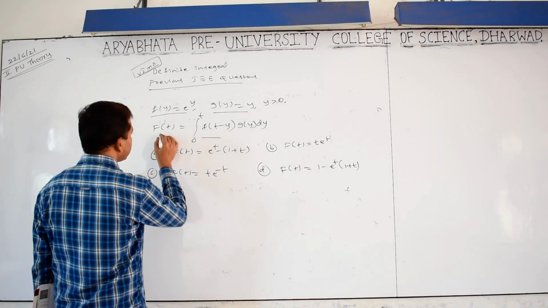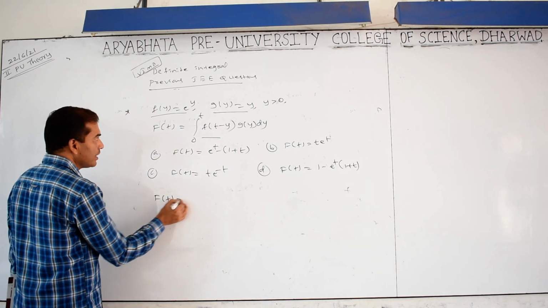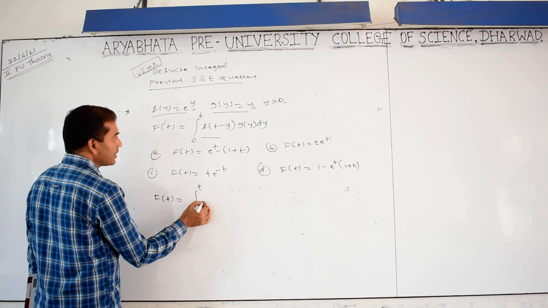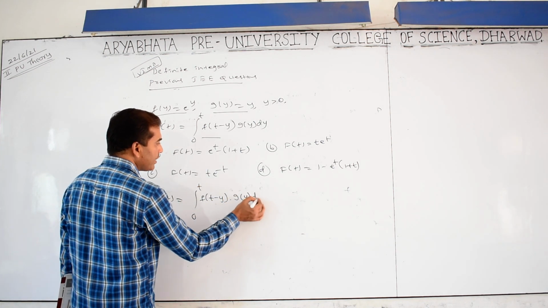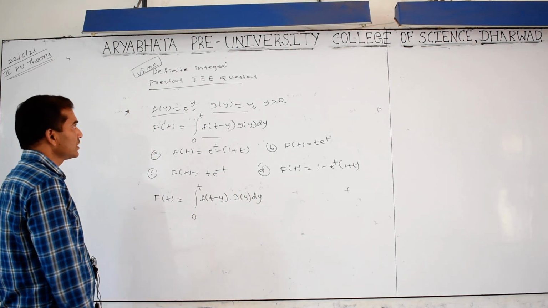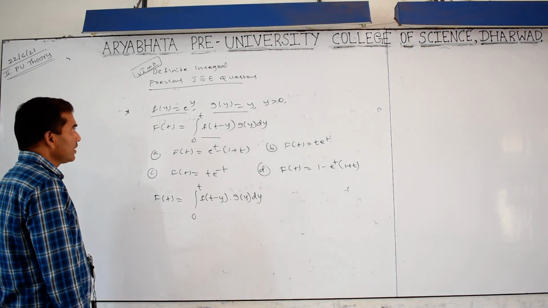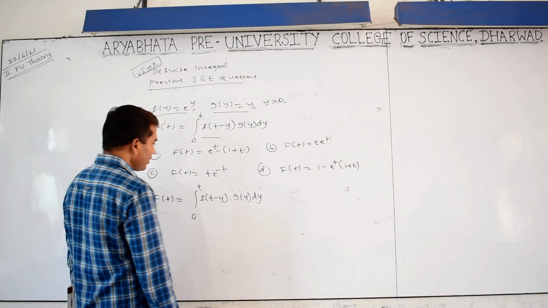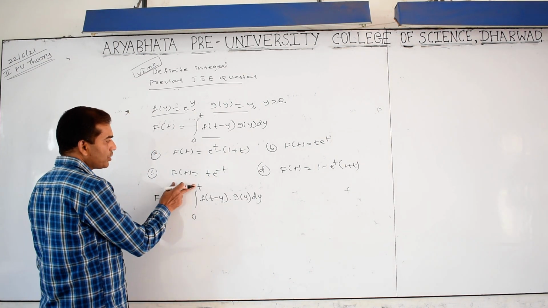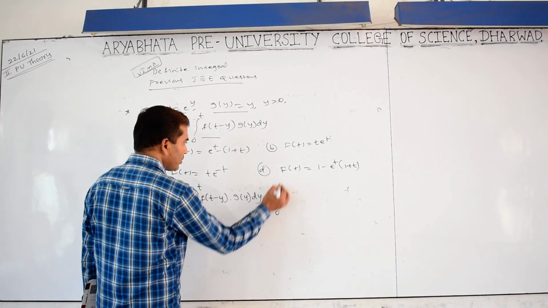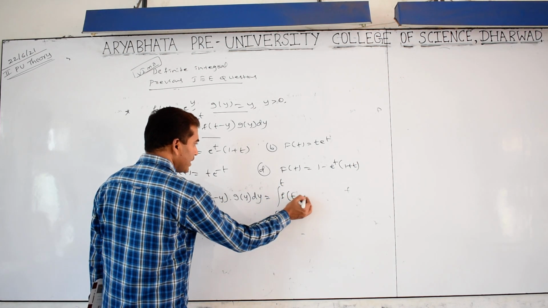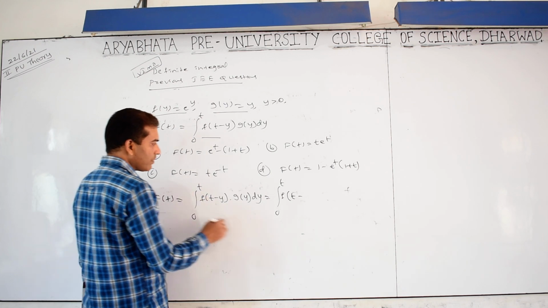F of y and g of y are given here. So let me find this. F of t equal to 0 to t, f of t minus y into g of y dy. Is it possible to apply the property here? 0 to a, in place of y write t minus y.